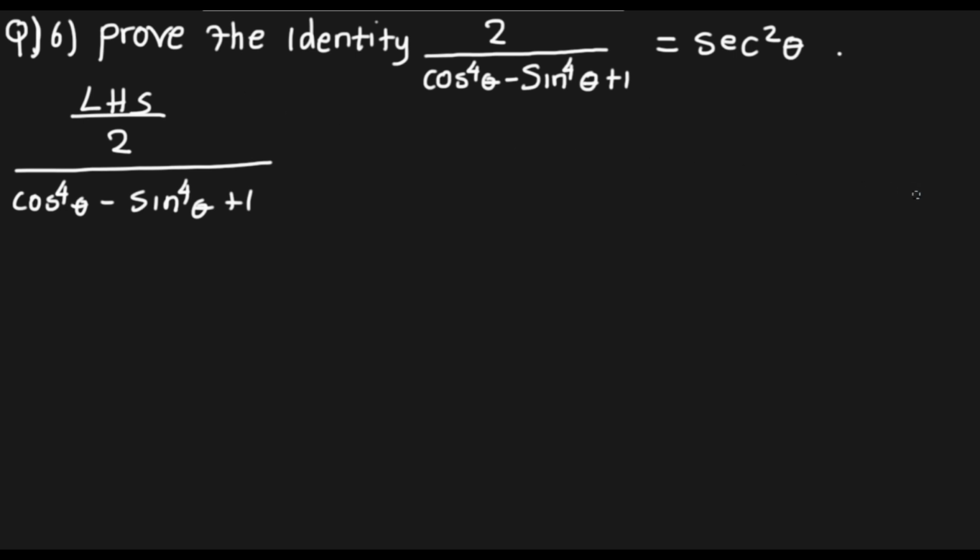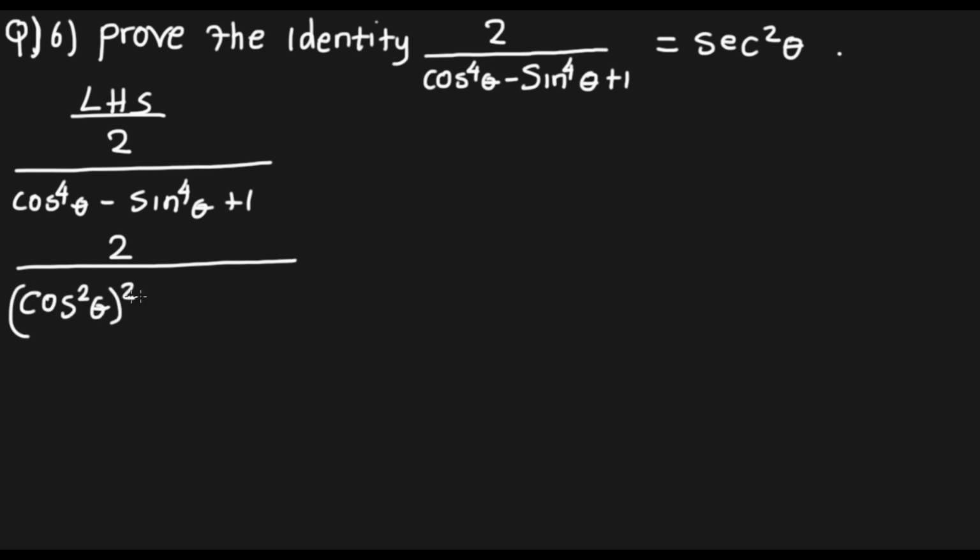So that's a concept that we are going to use here. So let's do that. Instead of writing cos raised to the power 4, I'm going to write cos raised to the power 2, enclosing brackets, squared, sine raised to the power 2, enclosing brackets, squared, plus 1.